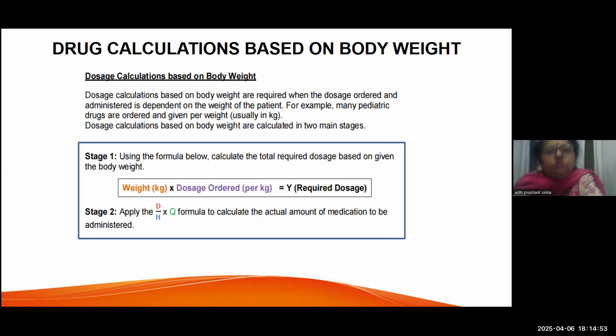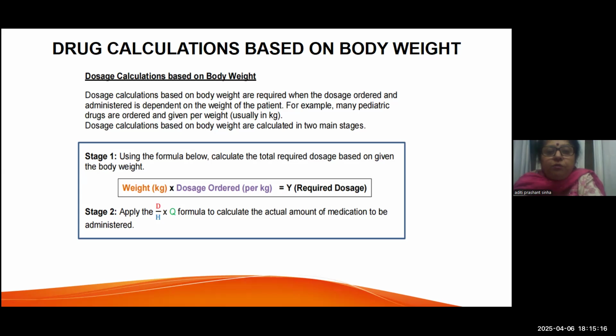Dosage calculations based on the body weight are required when the dose ordered and administered is dependent upon the weight of the patient, for example a pediatric patient. These are calculated in stages. Stage number 1: use the formula to calculate the total required dose based on the given body weight.